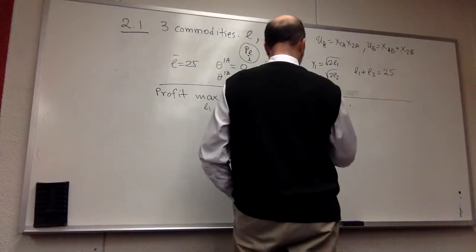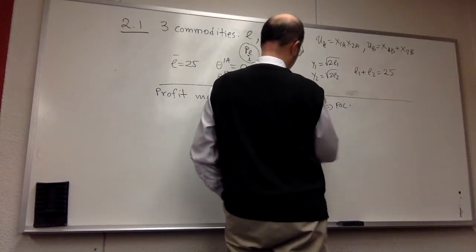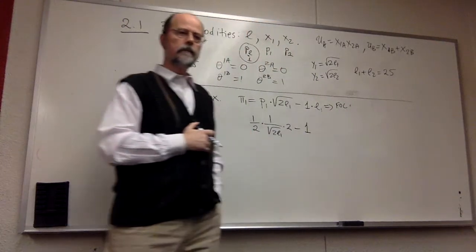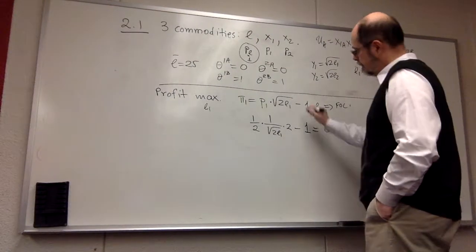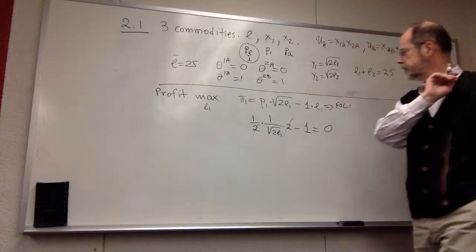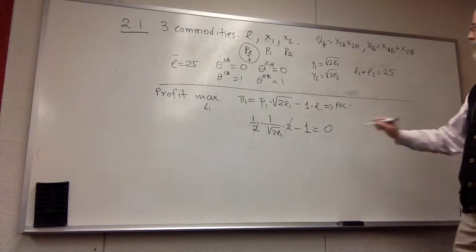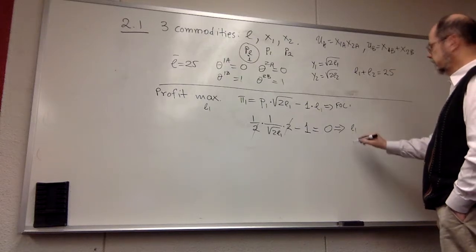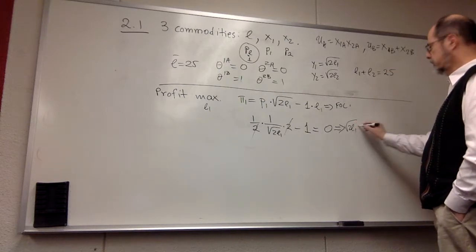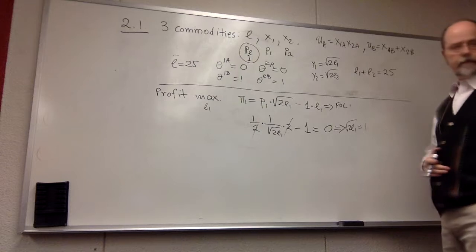And then minus 1. Right? So I set this equal to 0. This cancels with that. And what do I see? That L1 square root of 2L1 has to equal 1.